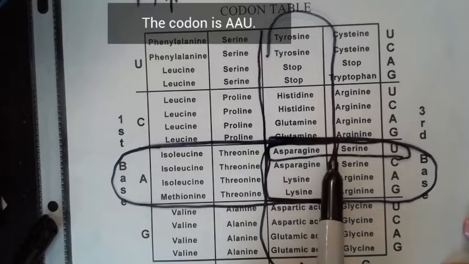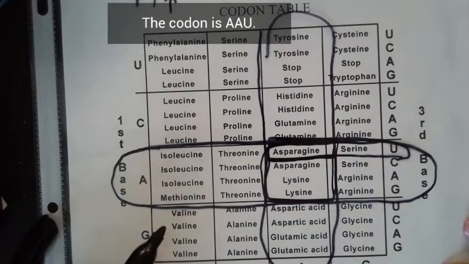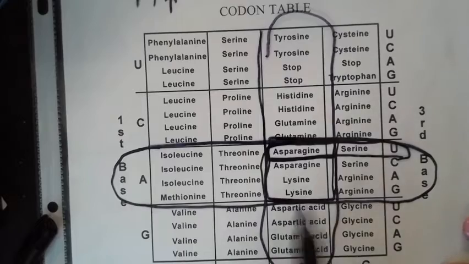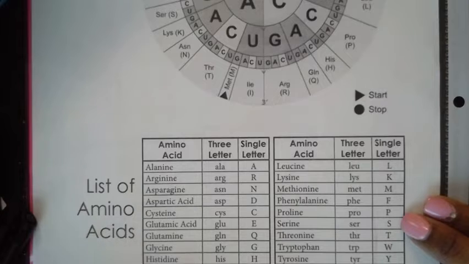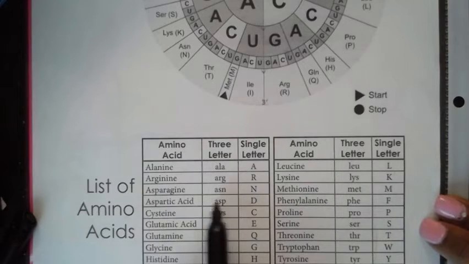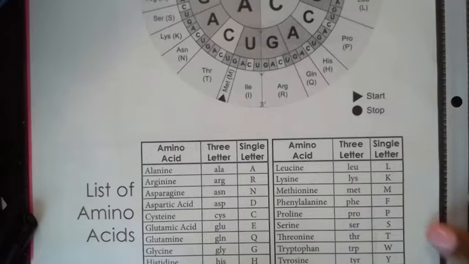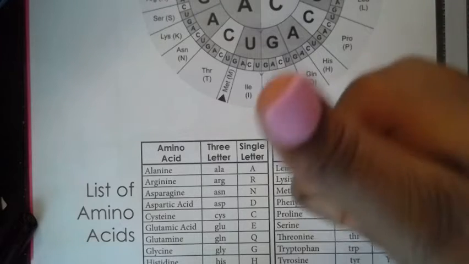So for AAU, asparagine is the correct answer. For abbreviations, just flip your paper over. Here's our list of amino acid abbreviations, and for asparagine, it is ASN. Alrighty, that's how you do it.